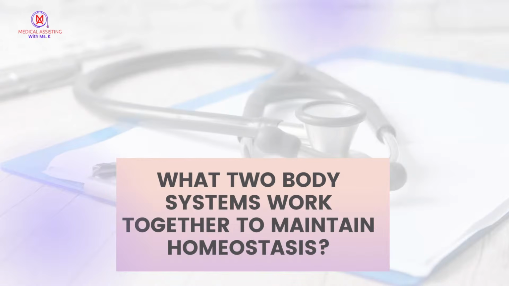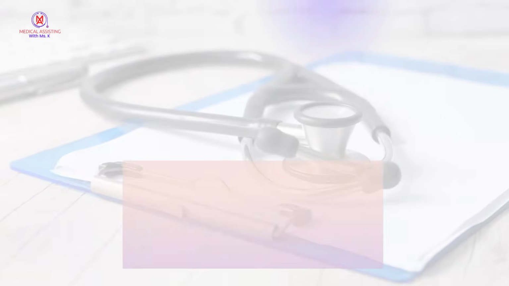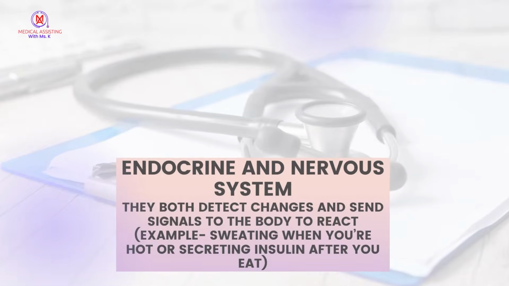Okay. I see somebody said endocrine is one. Okay. Any other guesses you guys have? All righty. So if you said endocrine and nervous system, you are correct.